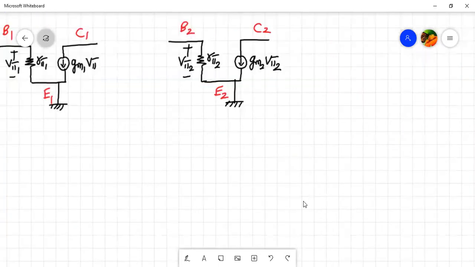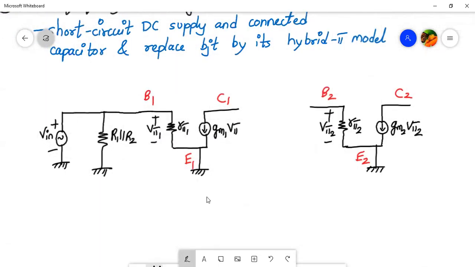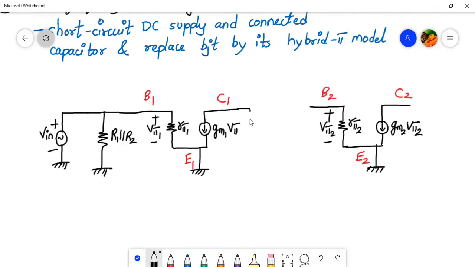From the collector 1 terminal we have RC1, and the collector 1 terminal is directly connected to base 2, and then here we have R3 parallel to R4.